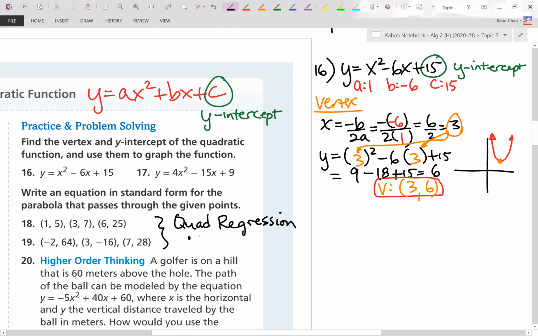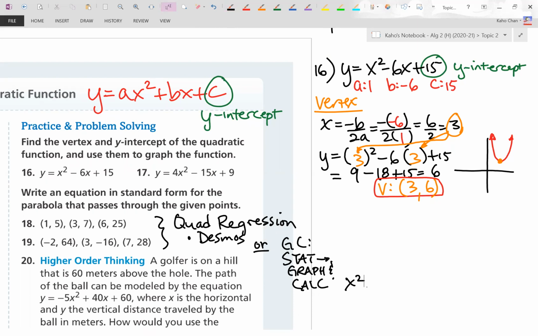With the graphing calculator, you want to use stat. You want to graph it. And you want to calculate x squared. On other calculators, it's called quad reg.